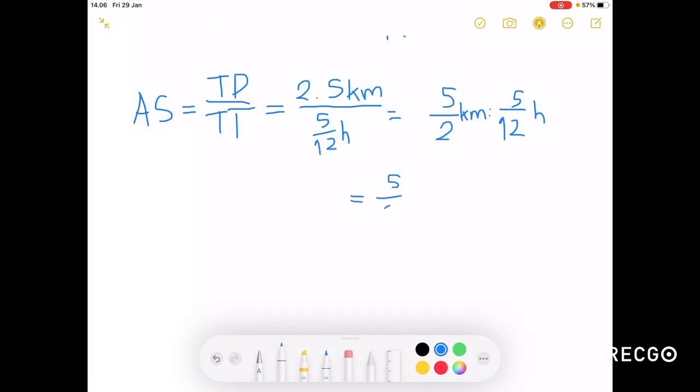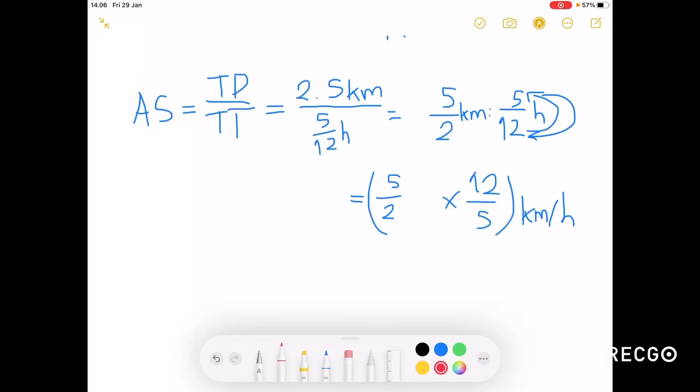So we have 5/2 kilometers, and if we have a division, the numerator and the denominator will switch places, and this will change into a times. So we have 12/5. And perhaps I'll just move the units right here, since we already know this will be kilometers per hour.